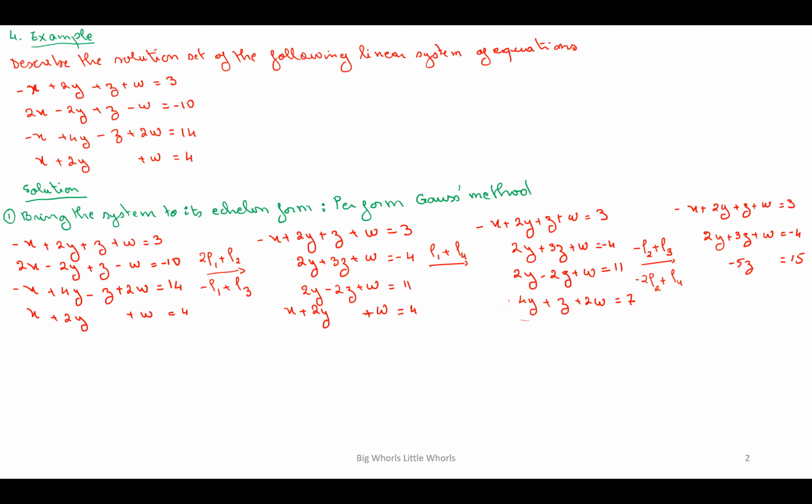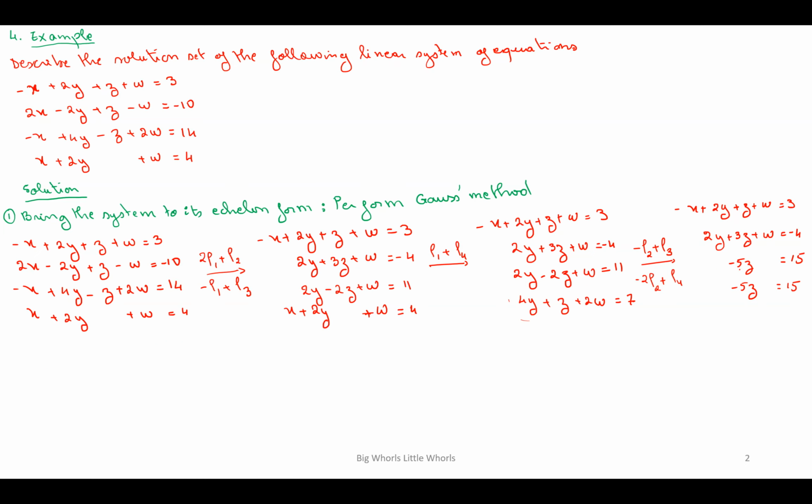So minus 2 row 2 plus row 4, we are left with, here minus 2, here minus 6 plus 1, so we have minus 5z, and minus 2w plus 2w is 0, so equals minus 2 times minus 4 is 8, so 8 plus 7 is 15, and let's do the last part.